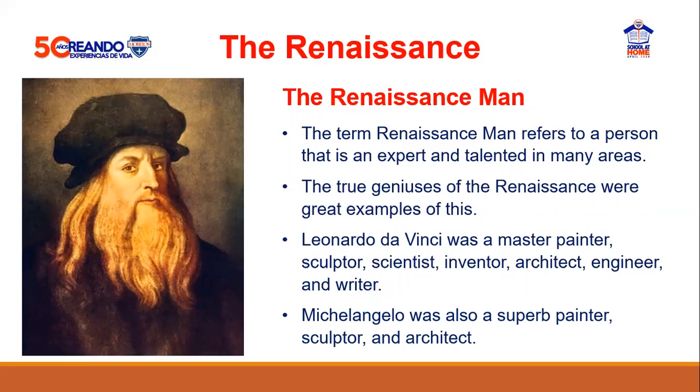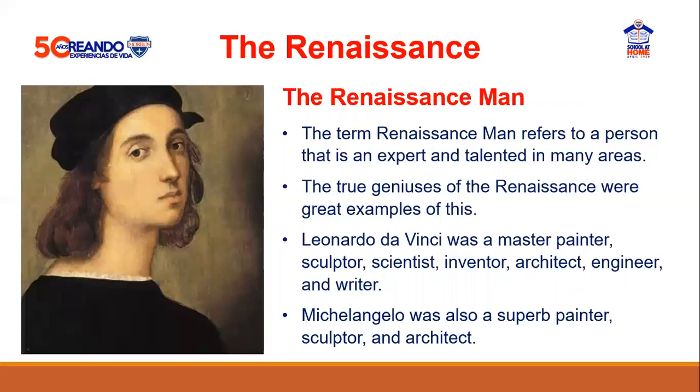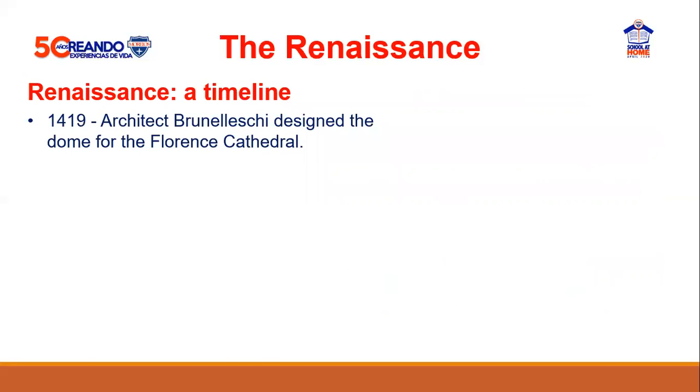So here we have a portrait of Leonardo da Vinci, right? And next we have Michelangelo, and then the other painter that we mentioned in our previous class, Raphael, right? Okay, so let's go with our timeline.